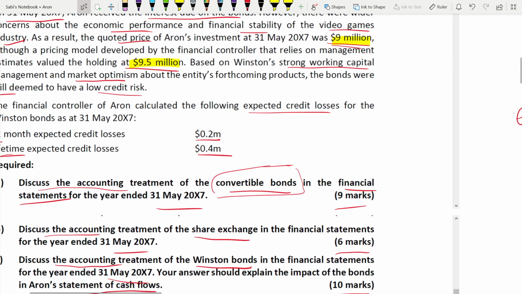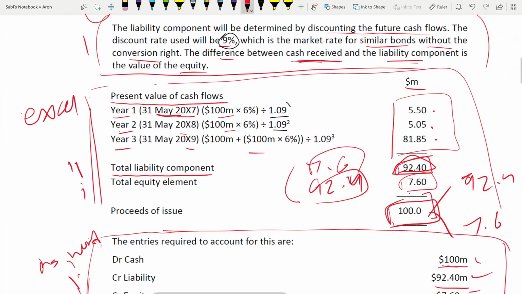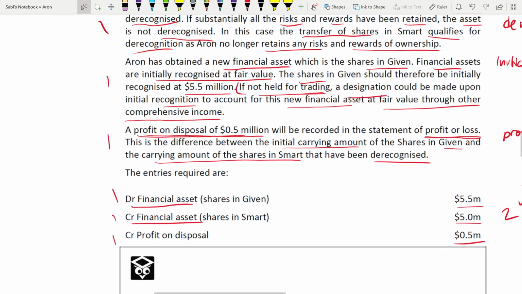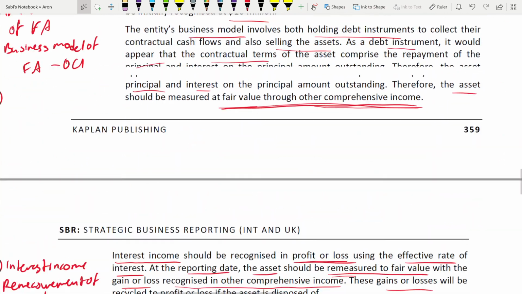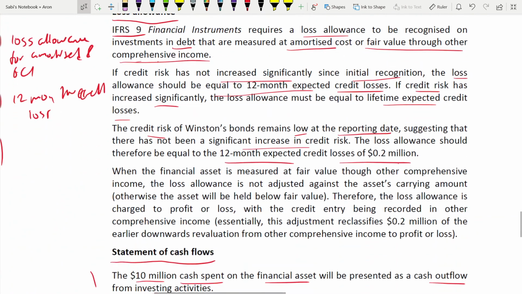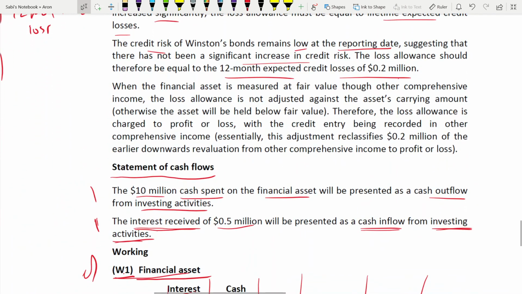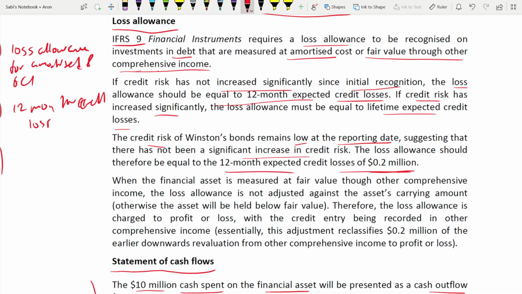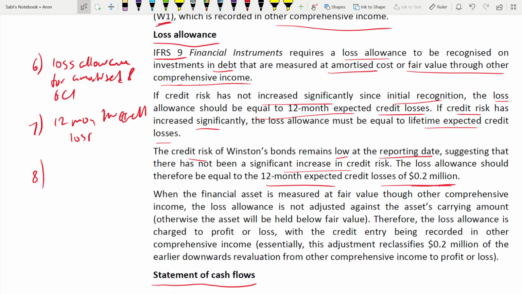If you see, it is matching with the amount that you have got there also. Sorry, I got confused. This is 0.2. Okay, this is the credit loss.